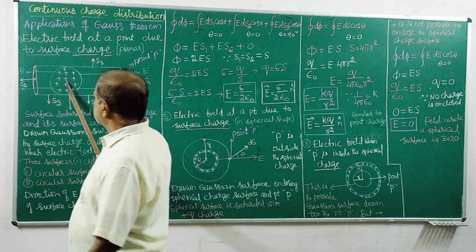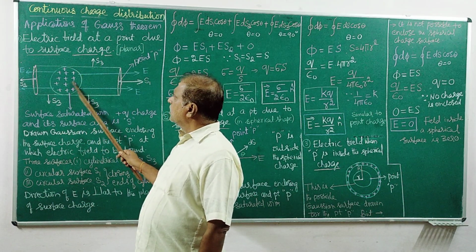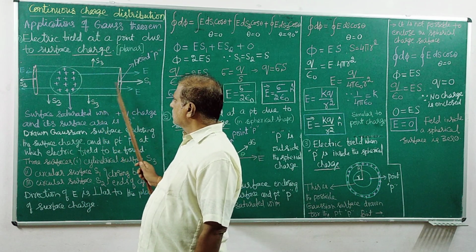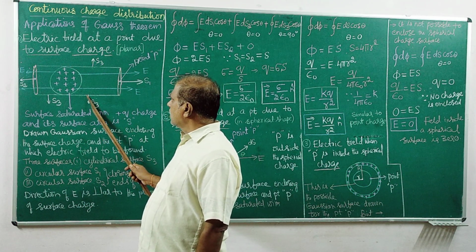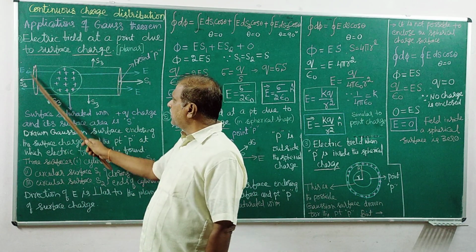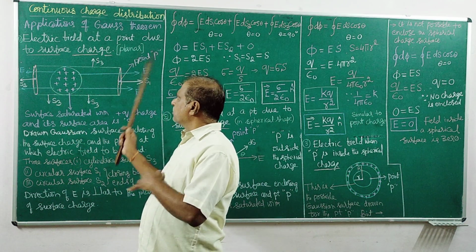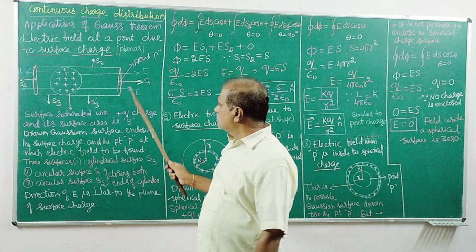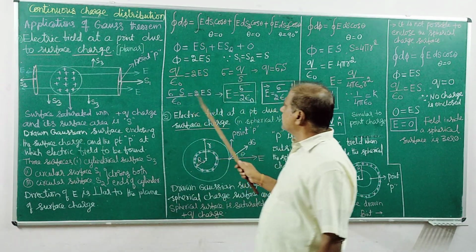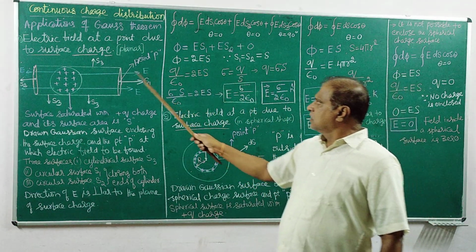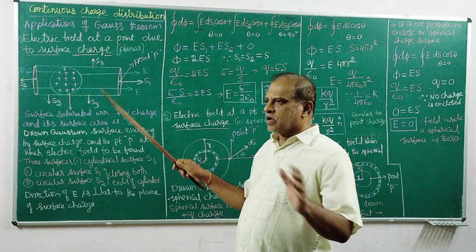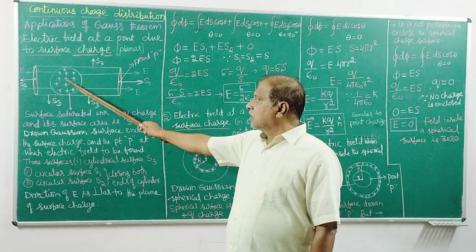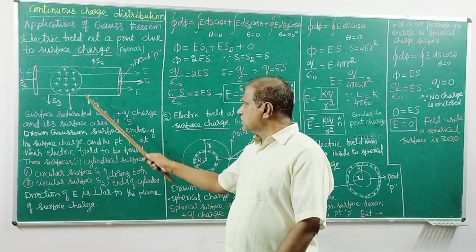If you take a rectangular shape, just similar to the cylinder, and a rectangular plane closing this, that will also be the same mathematics. The field direction remains the same, so when you take that shape, you get the same equation. Whether the shape is circular, rectangular, square or some other shape, it should be a planar surface.